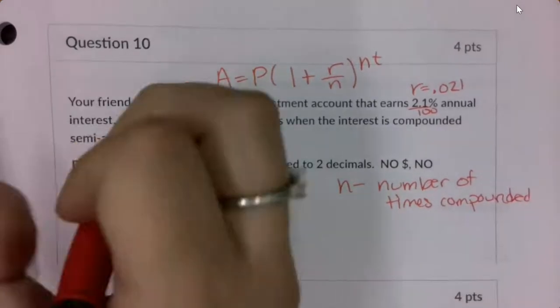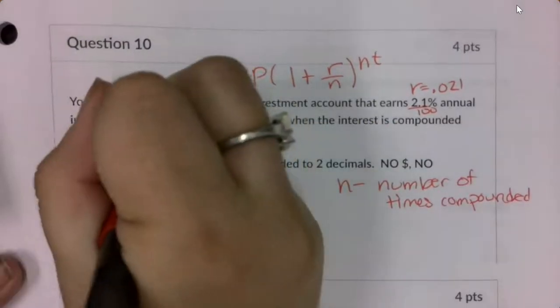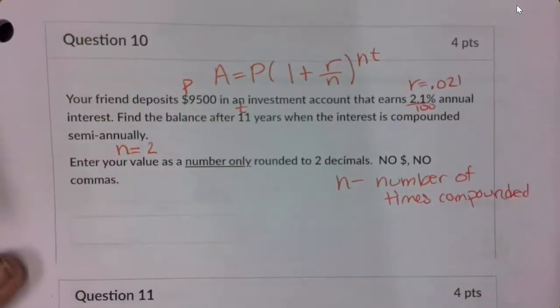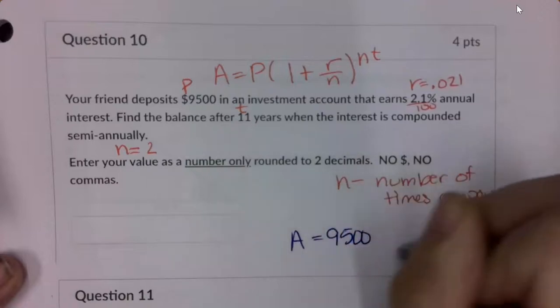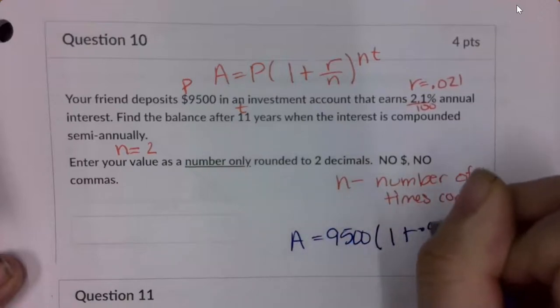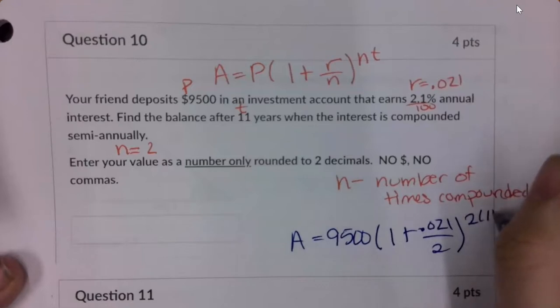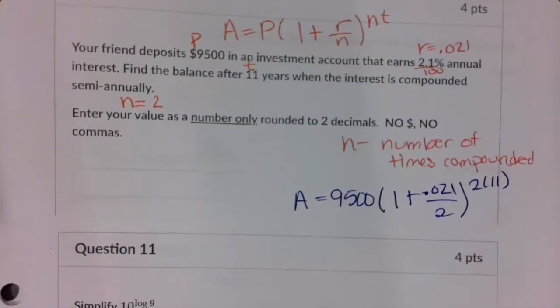So this one tells me semi-annually. If you think of the sales that the stores typically have, N is 2. So then I just need to plug into my formula. I have A equals 9,500, parentheses 1 plus 0.021 over 2 raised to the 2 times 11. So then I want to go ahead and type that into Desmos.